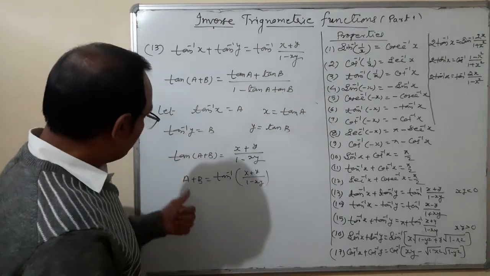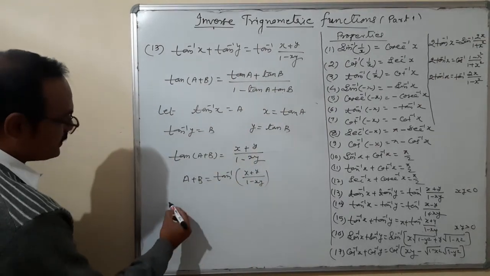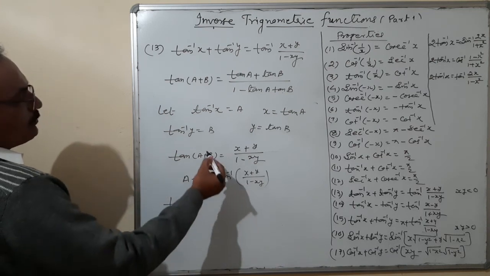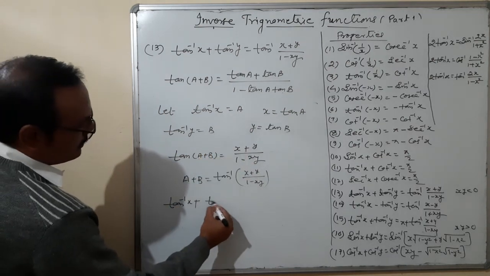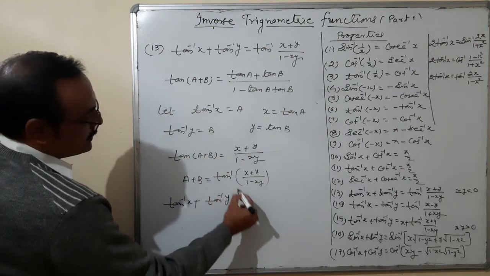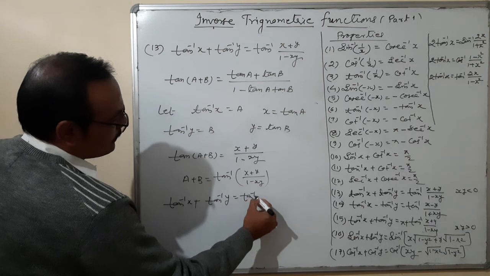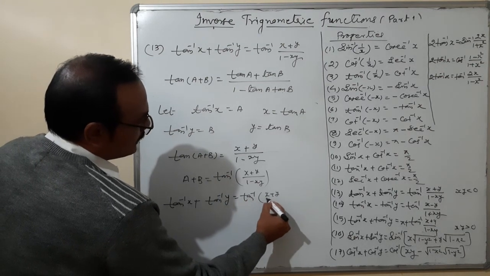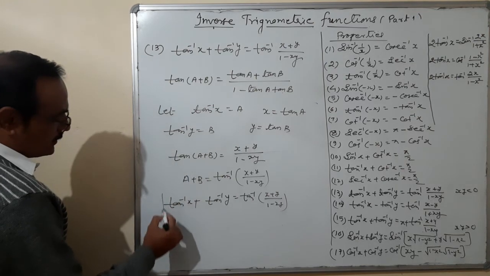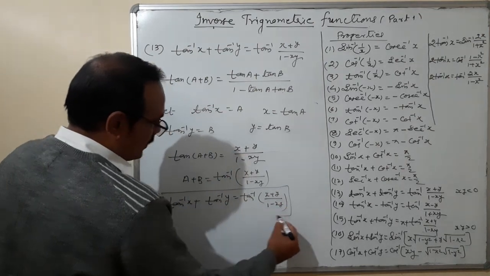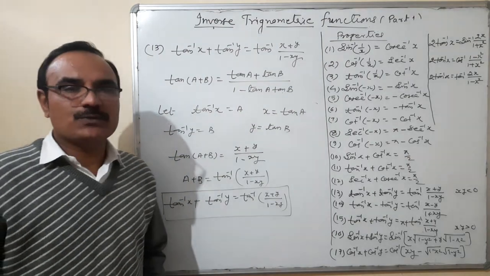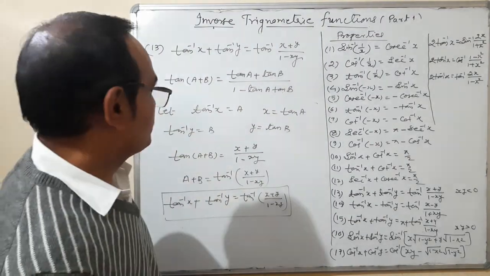And a is tan inverse x, b is tan inverse y, so tan inverse x plus tan inverse y is equal to tan inverse of (x plus y) upon (1 minus xy). So that is the proof of tan inverse a plus tan inverse b is equal to tan inverse of (a plus b) upon (1 minus ab).